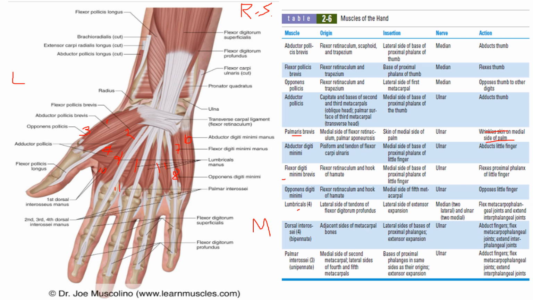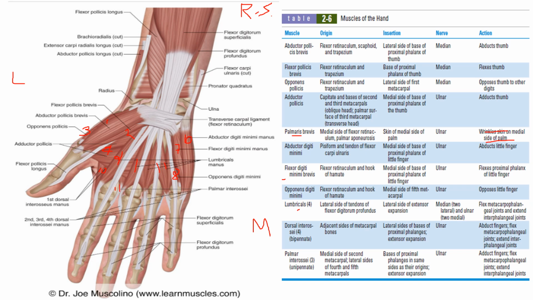Deep to these muscles are the dorsal interossei muscles. Like the lumbricals, there are four dorsal interossei muscles. They originate from adjacent sides of the metacarpal bones, and they insert into the lateral sides of the bases of the proximal phalanges and the extensor expansion.